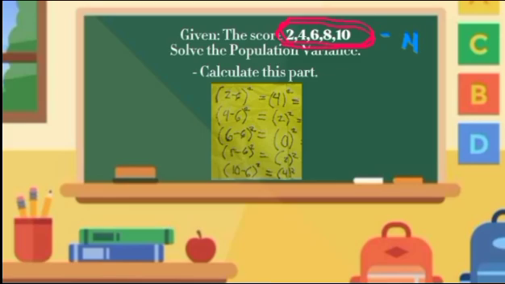So here, copy the open and close parentheses. Open parentheses, 2 minus 6, close parentheses squared, equals 2 minus 6, that's negative 4. Very good. Close parentheses and then copy the squared. Next, 4 minus 6 squared, equals negative 2.